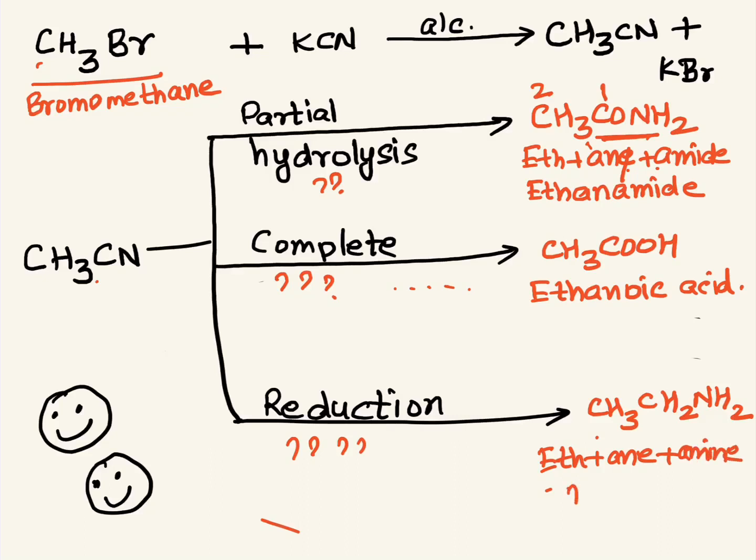So the name of this compound becomes ethanamine. Unsure about nomenclature? Again, there is a playlist on IUPAC nomenclature. In fact, 4 videos that I have loaded regarding organic, the IUPAC nomenclature. Please go ahead, revise it if you are confused at any point.